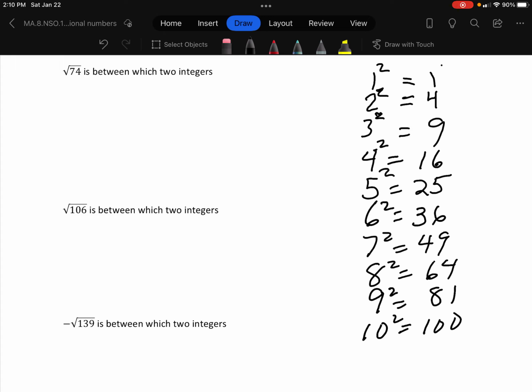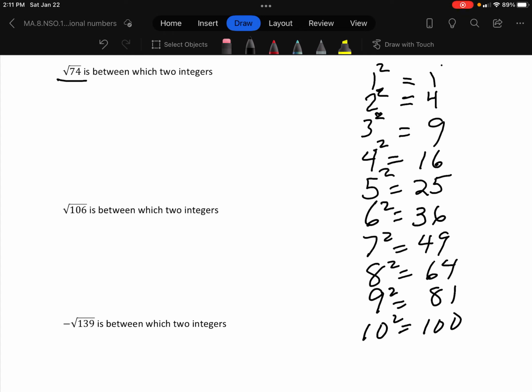If you don't know the perfect squares, just remember, take the numbers 1 through 10 and find the square of each of those, and that will give you your first perfect squares. So now we're looking for the square root of 74. I'm going to find the number 74 in this list, and of course it's not on the list because 74 is not a perfect square.